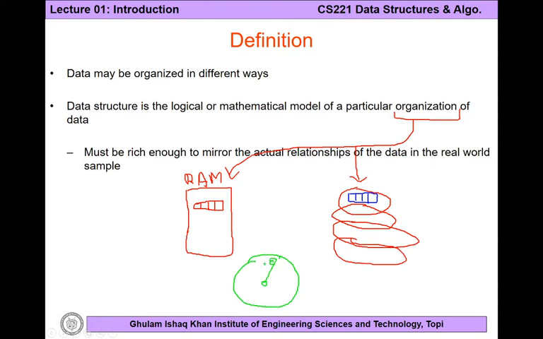So if it wants to read something from a particular sector, the disk has to be rotated, and then this read write head has to be placed on the proper location from where the data will be retrieved. So although the data structure in which the data will be stored may be very quick, may be very efficient, if it is placed on an inappropriate storage device, its performance will be slowed down.